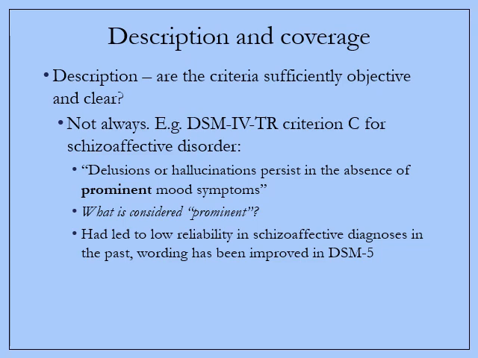And this was always a big issue for all of us schizophrenia researchers or people who worked with schizophrenia and mood disorders, because what is prominent? What does that mean? Nobody could ever decide what a prominent mood symptom was, and this led to low reliability across the field in schizoaffective diagnoses. The wording has been improved in the DSM-5. It's a little bit better, but it's still a little challenging.